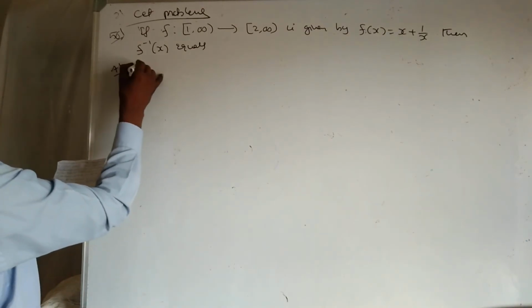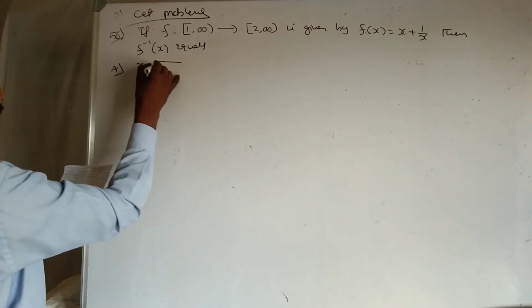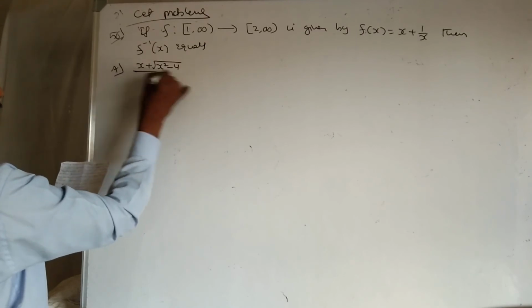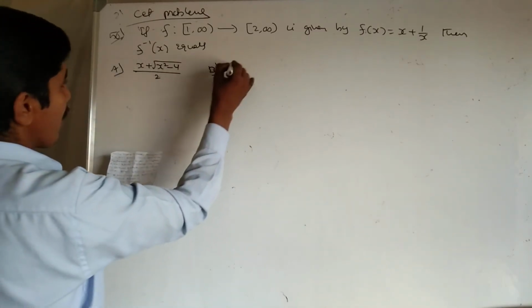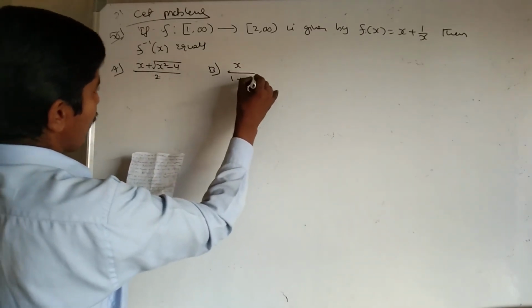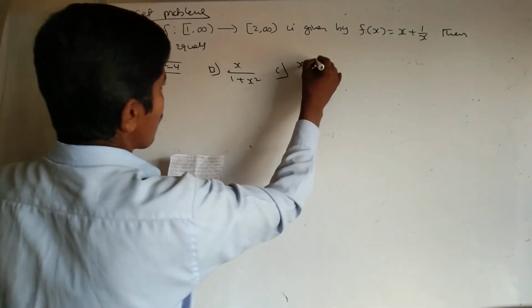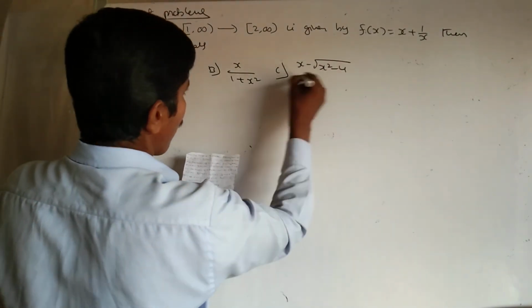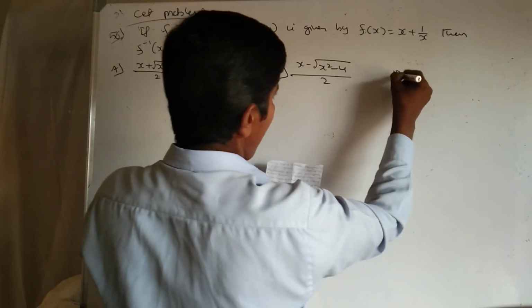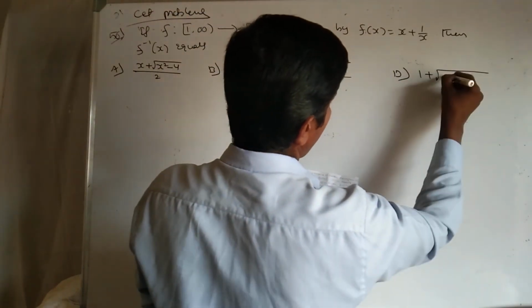A option: x plus root of x square minus 4, divided by 2. B option: x divided by 1 plus x square. C option: x minus root of x square minus 4, divided by 2. D option: 1 plus root of x square.